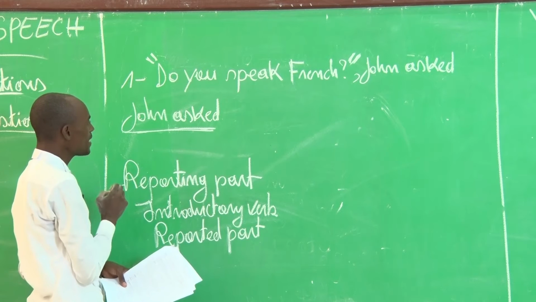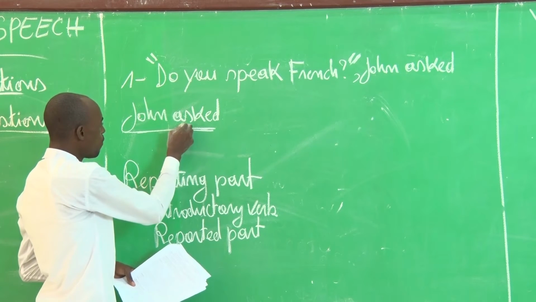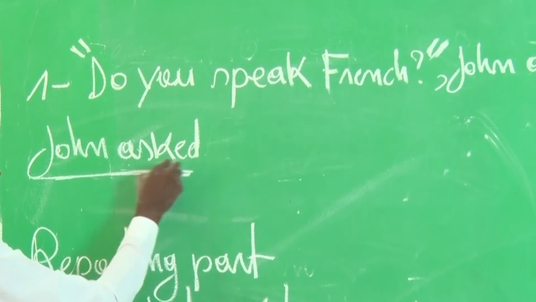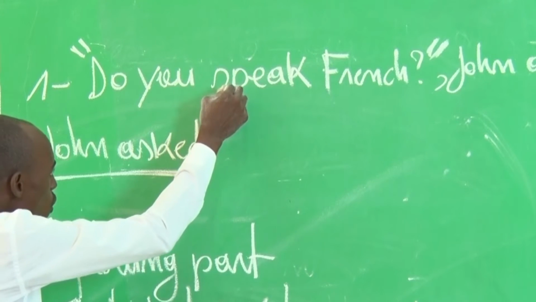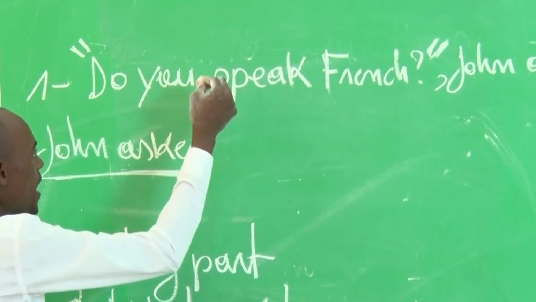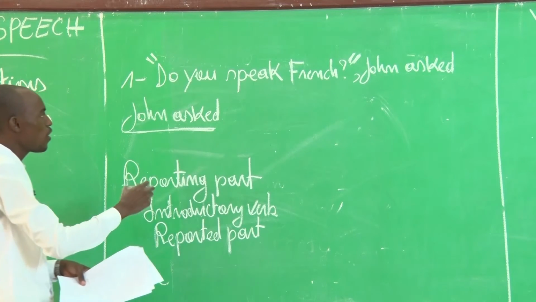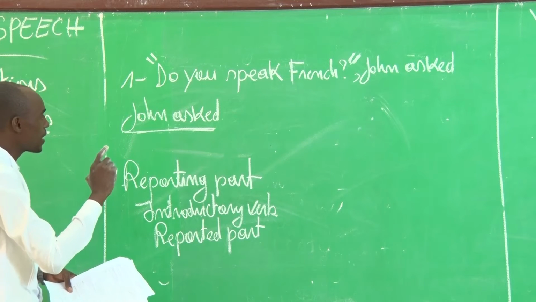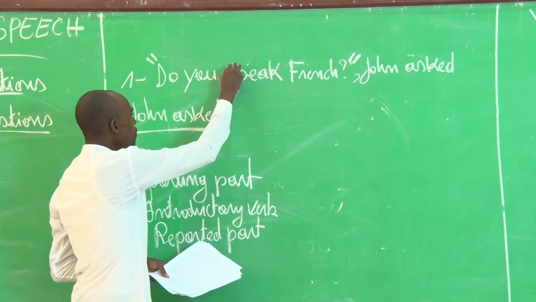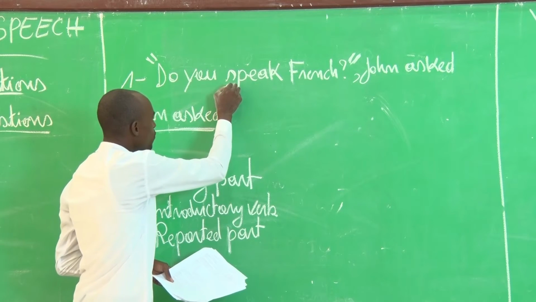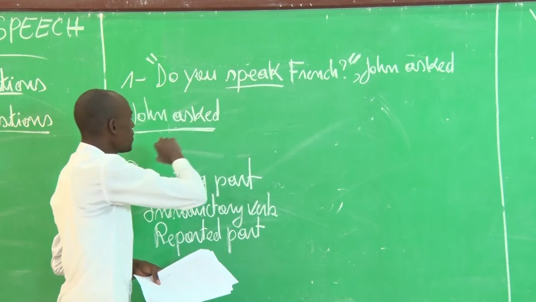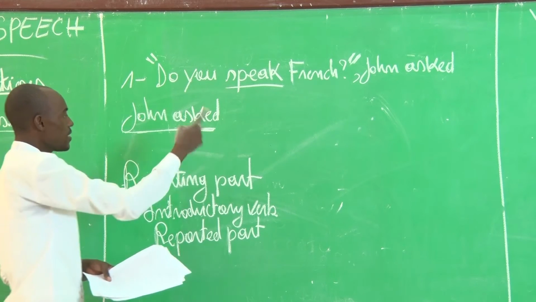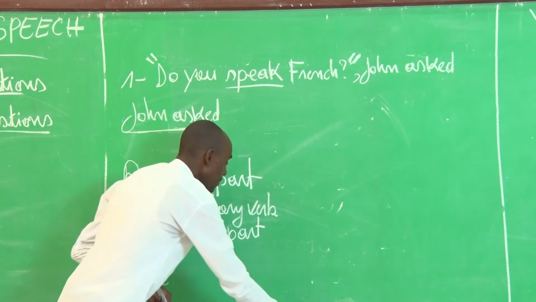The rule says that when the verb in the reporting part is in the simple past, automatically we change the tense of the direct speech. Here in direct speech, the verb to speak is in the simple present, and in reported speech this verb changes tense.